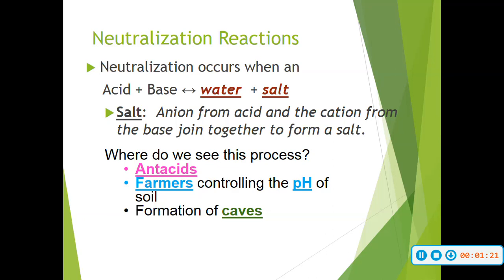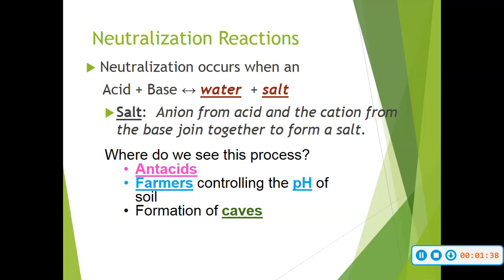And where do we see these processes? Antacids. Remember, we take them when we have an upset stomach, or we are producing too much acid in our stomach. We take an antacid to increase our pH to settle it.